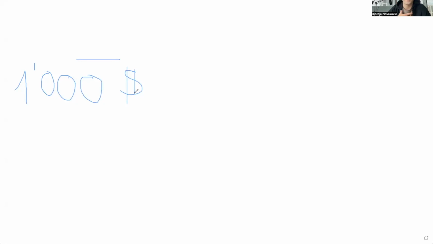Usually, what we aim to do is to risk anything between 1 to 3% per trade. So if you're willing to take the risk to lose 3% per trade, then it means you're only willing to lose $30, right?